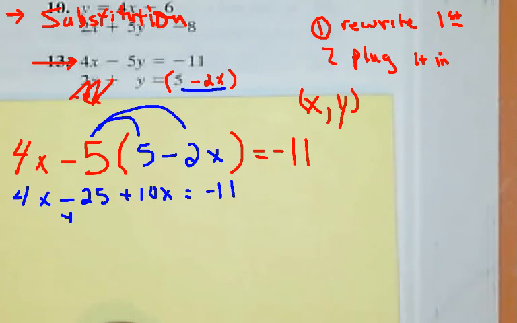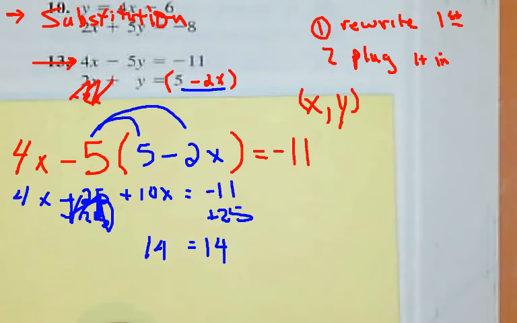So I'm going to add 25 to this side and add 25 to this side. This goes away. That's 14. And this is also 14. 4x plus 10x is 14x. I think that one's pretty easy to solve, right? X has to be 1. Yay, we got one of the answers.